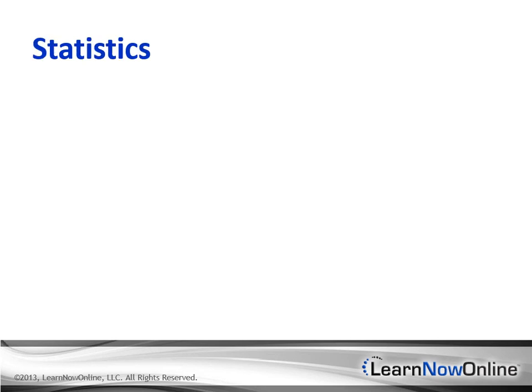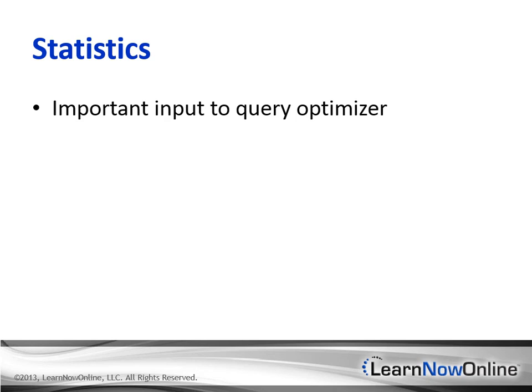Now let's talk about statistics that I've mentioned a couple times. Statistics are an important input to the query optimizer. They're information that SQL Server gathers about database objects that help guide it to an optimal execution plan, such as to know whether a query with a predicate, a where clause, is selective enough to be worth using an existing index, or whether one way of performing a step in the execution plan is better or worse than another.